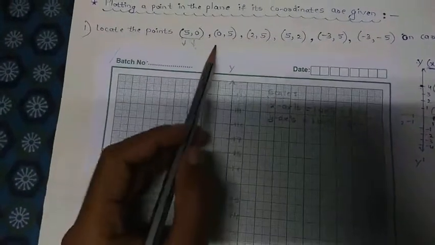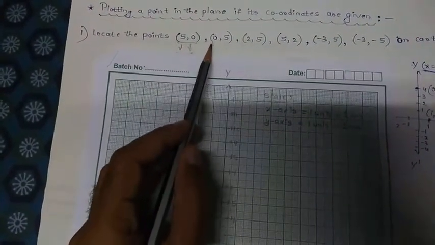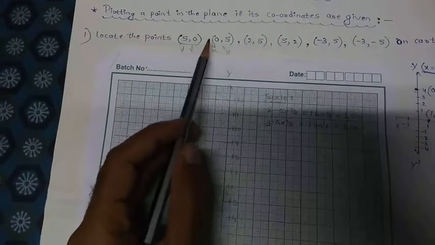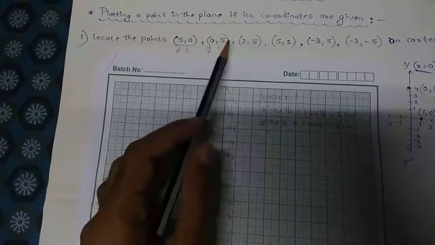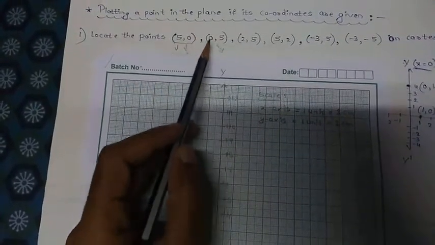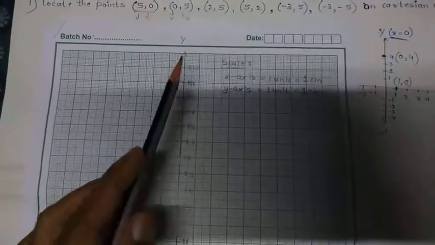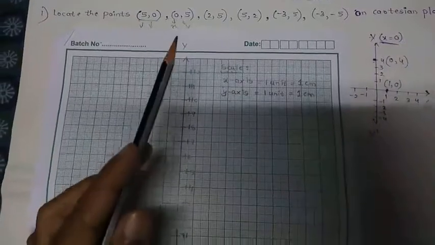Now moving on to the next point, that is 0, 5. You have to plot 0, 5. So this is the x coordinate and this is the y coordinate. Clearly the x coordinate is equal to 0, so it lies on the y-axis, and also on the positive y-axis.